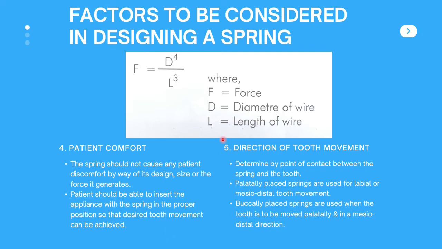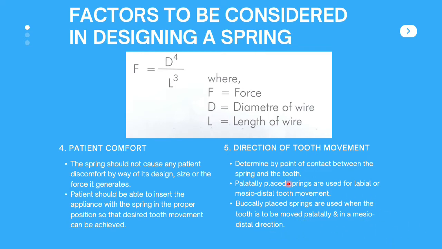And then the final factor is the direction of tooth movement. Direction of tooth movement is determined by the point of contact between the spring and the tooth. Palatally placed springs are used for labial and mesiodistal tooth movement, while buccally placed springs are used when the tooth is to be moved palatally and in a mesiodistal direction.